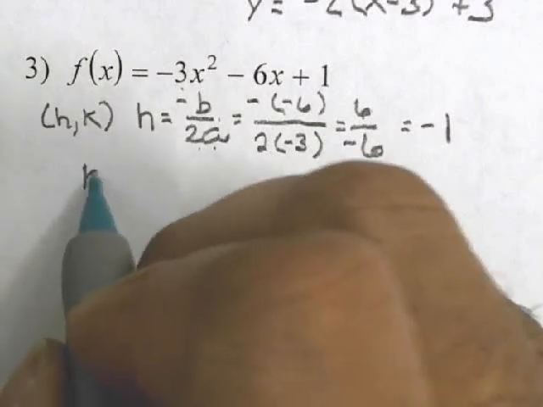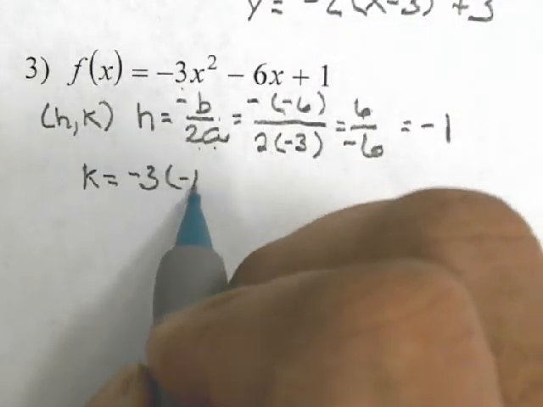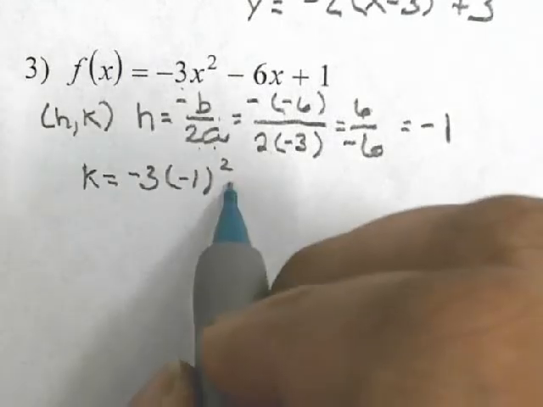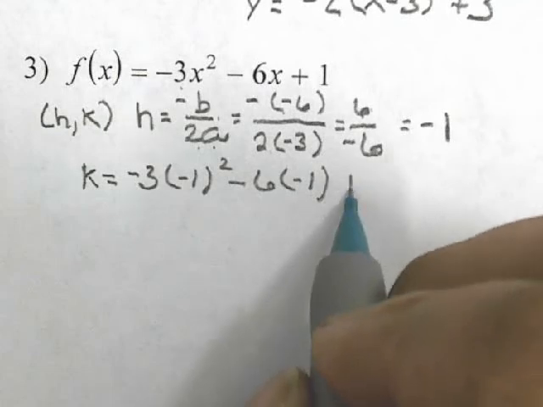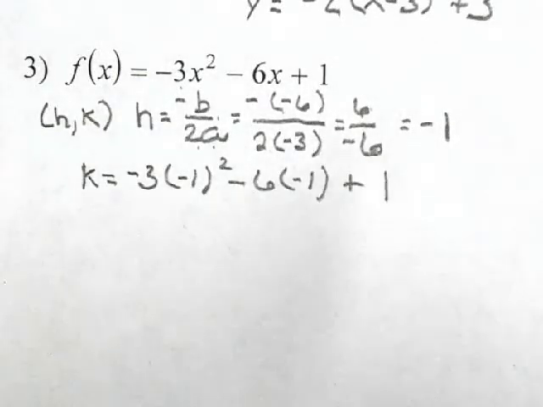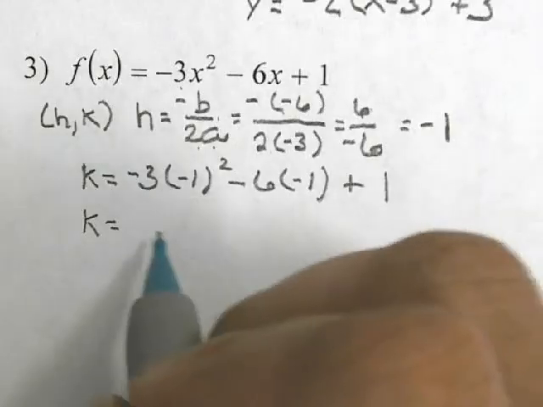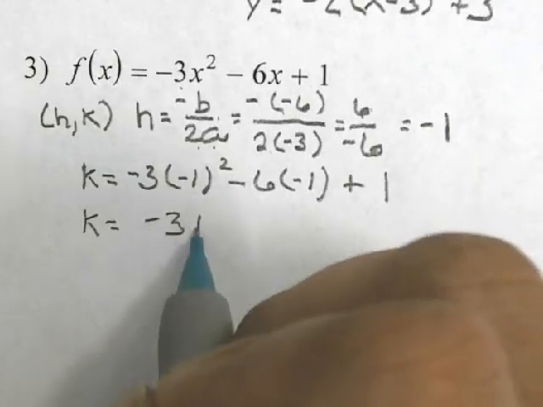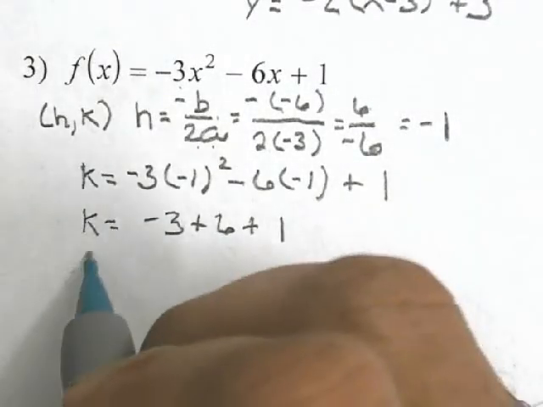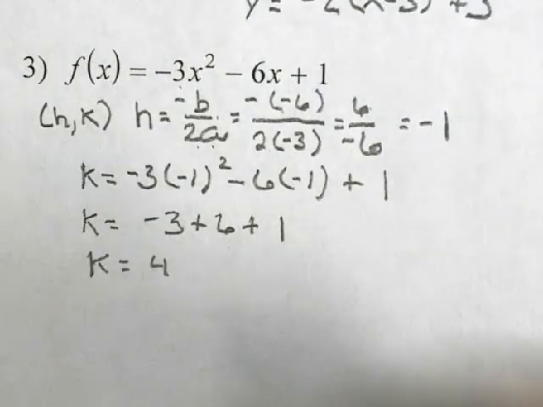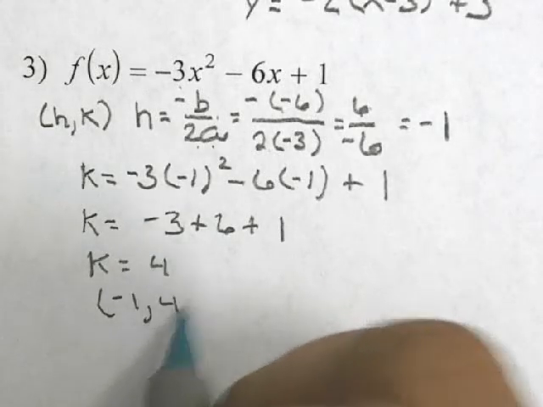So k is equal to negative 3 times negative 1 squared minus 6 times negative 1 plus 1. Okay. So we will have k is equal to negative 3 plus 6 plus 1. So k will equal 4. So our vertex is at negative 1, 4.